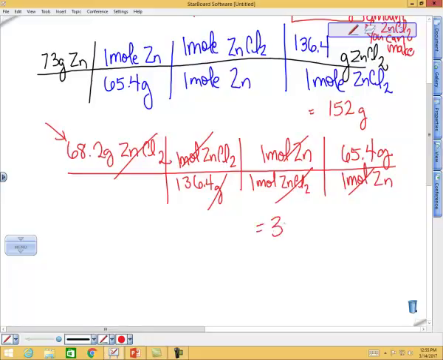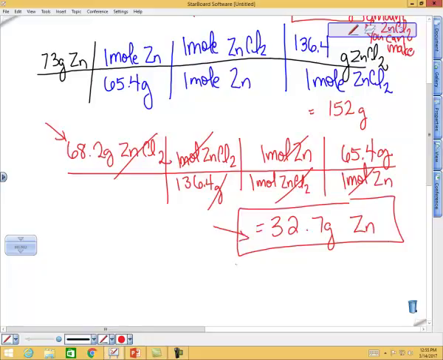What do you think I'm going to have to do with this value of 32.7 grams? What does this amount mean? Yeah, this is the amount of zinc that it took to actually make your product. This is the amount of zinc used.